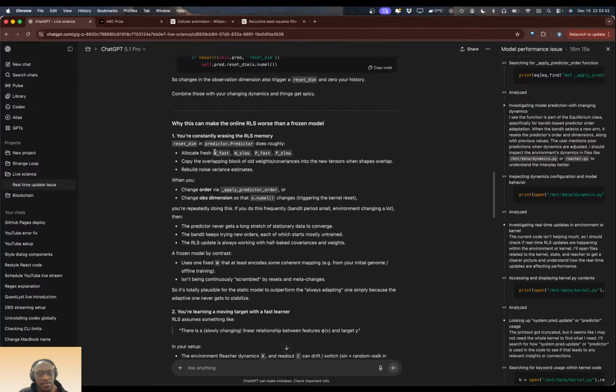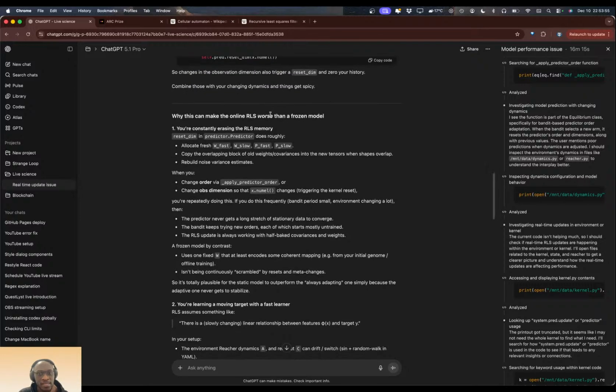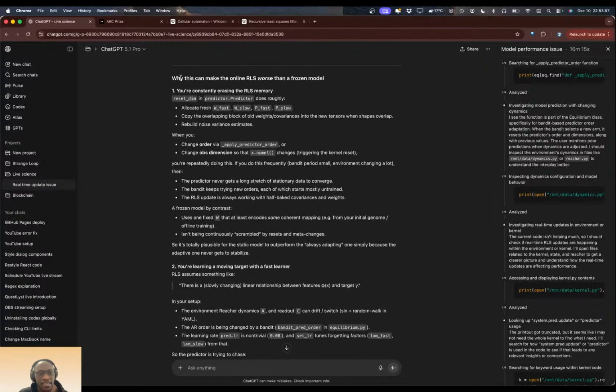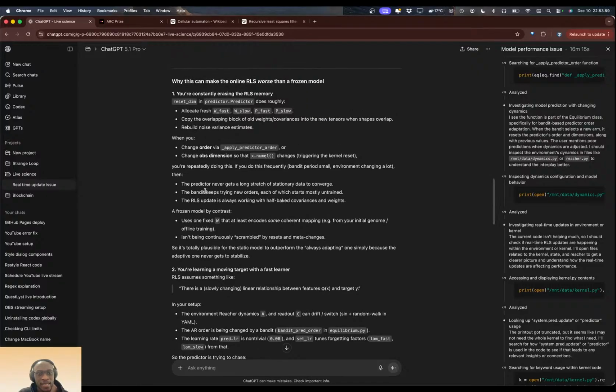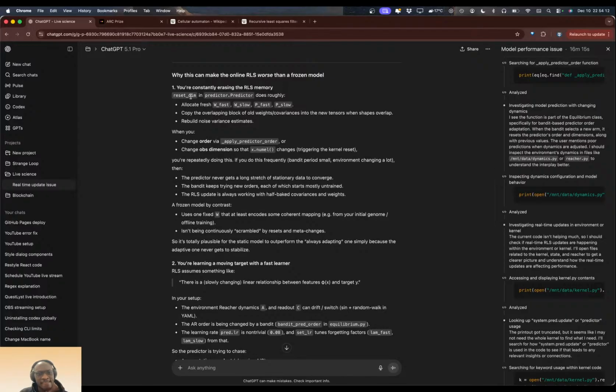Okay. Combine those with your changing dynamics and things get spicy. Why can this make the online RLS worse than a frozen model? Okay, frozen model. So the cold start. You're constantly erasing the RLS memory. Reset dimension does roughly allocate fresh.